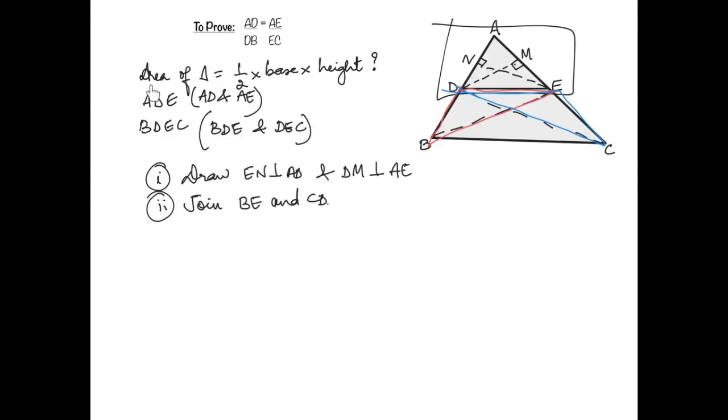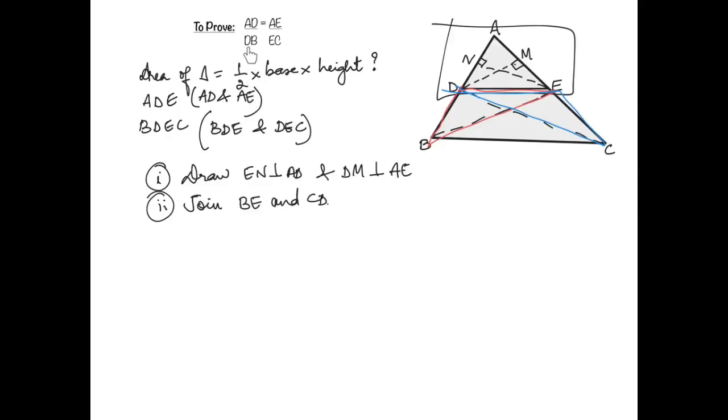I have told you that the proof of this theorem is based on the area of a triangle, that is half into base into height. When you look at the sides AD and AE, we have divided this triangle with the line DE. We already have the two bases, but there is no height. For the height, we have drawn the perpendiculars DM and EN.